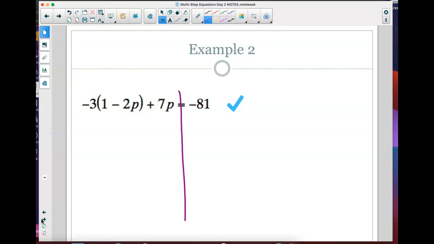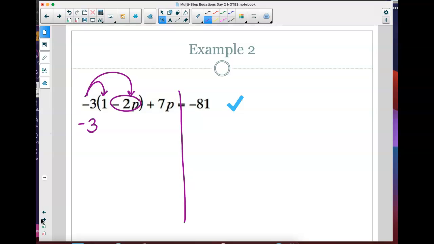Draw a line by the equal sign again. Start with that. What do I have to distribute? The -3. So we're going to put the -3 with the 1. -3 times 1 is -3. And then we have to put the -3 with what's really a -2p.